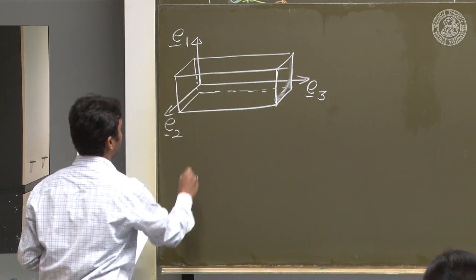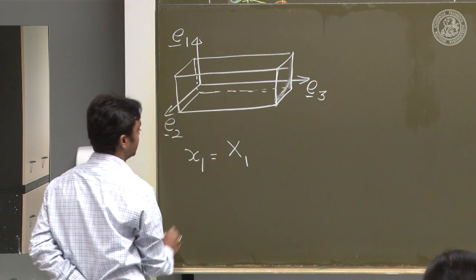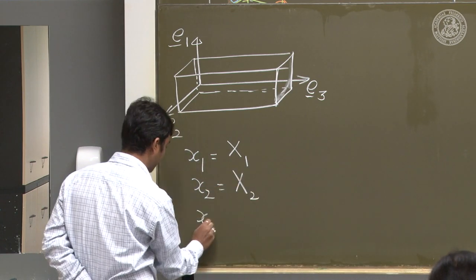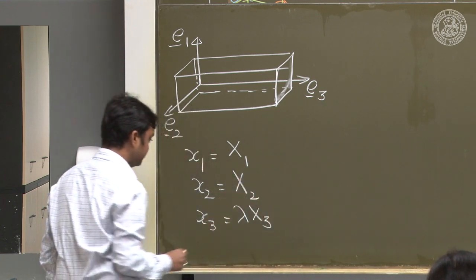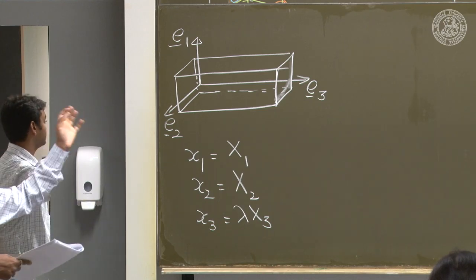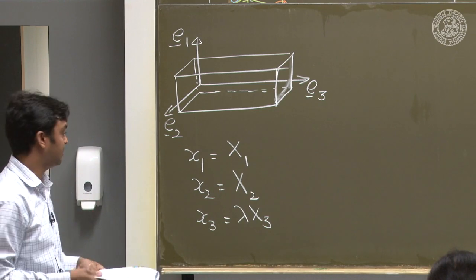My deformed coordinates are such that small x1 is capital X1, small x2 is capital X2, but small x3 is lambda times X3. Can you see what is happening here with this deformation? Yeah, it's a stretching by lambda.